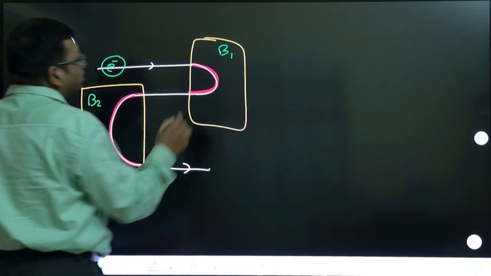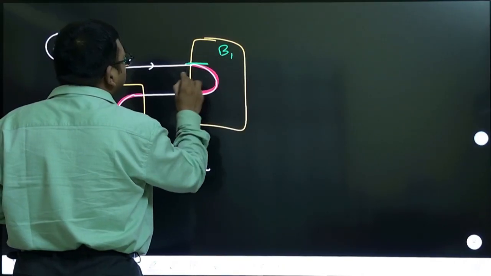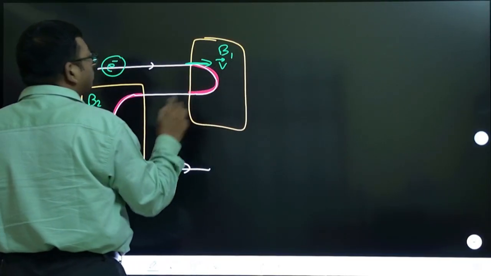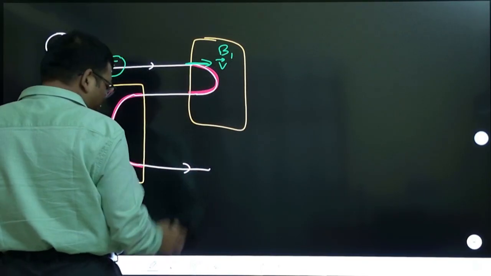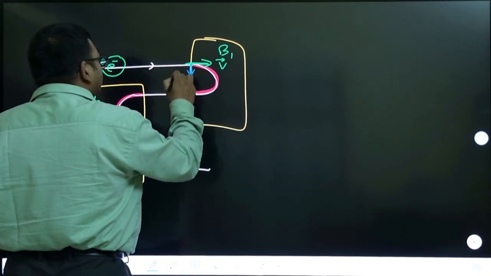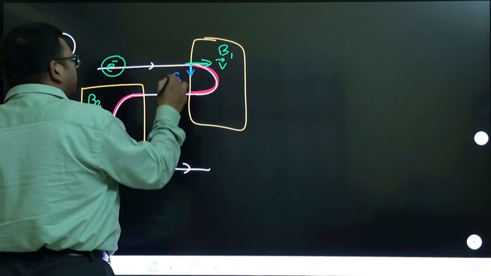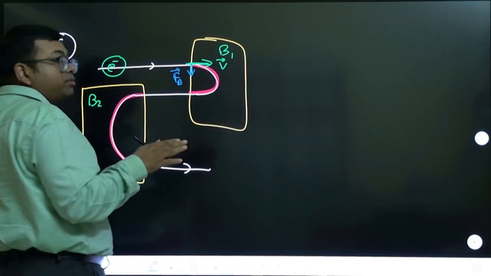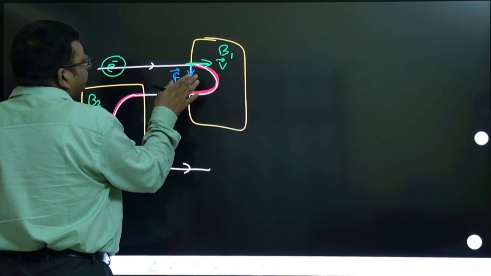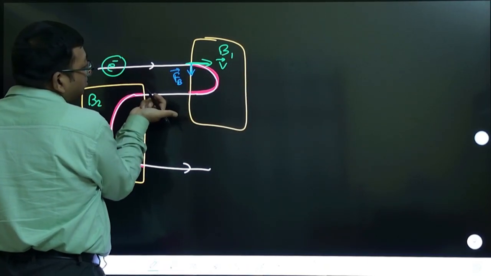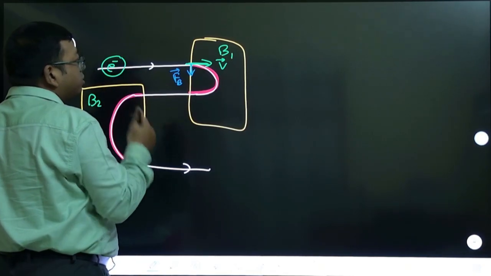Now think about it. As soon as it enters here, the velocity vector is horizontal. And the force that is acting right now is downward. So now you can think about the direction of this magnetic field. So V cross B. Suppose if the charge is positive, the thumb is coming downward, so what is the direction of V cross B?